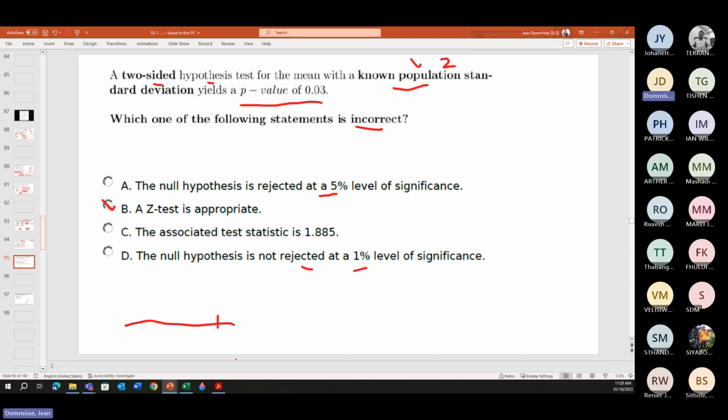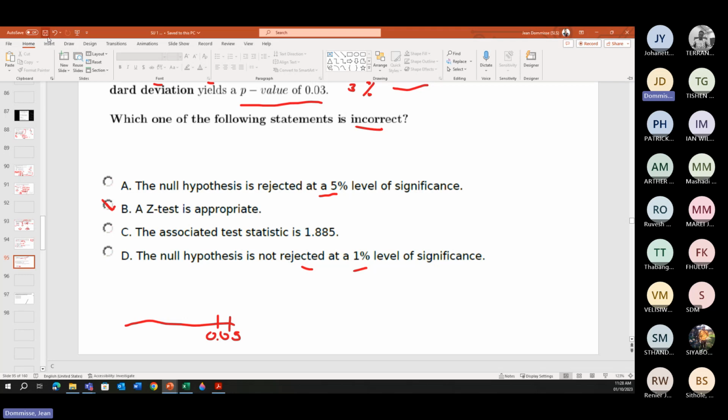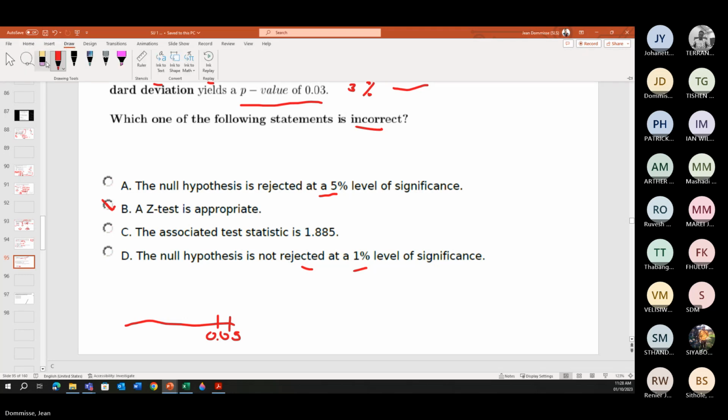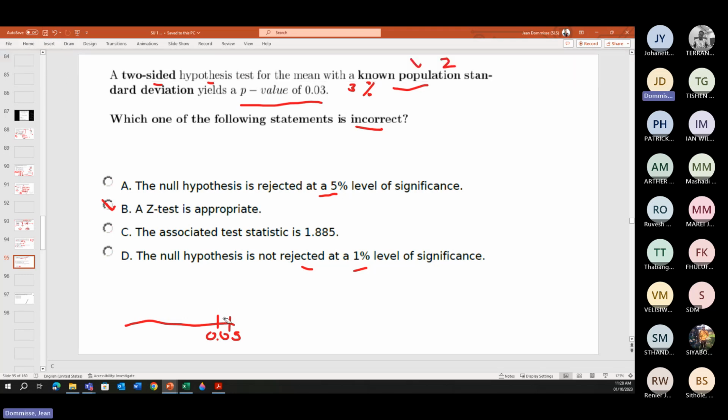If I've got here the 5% level, then my p-value is here at 3%. So let's draw that as a graph.